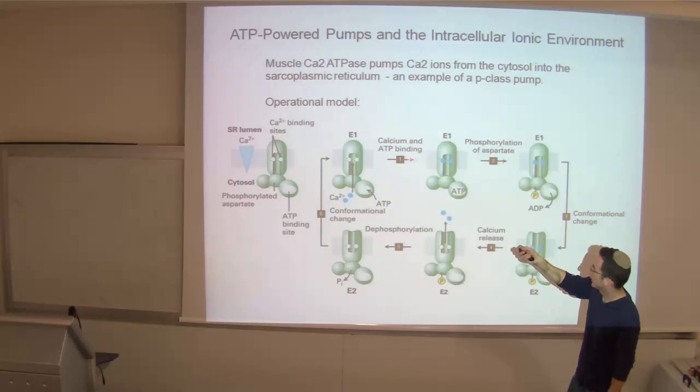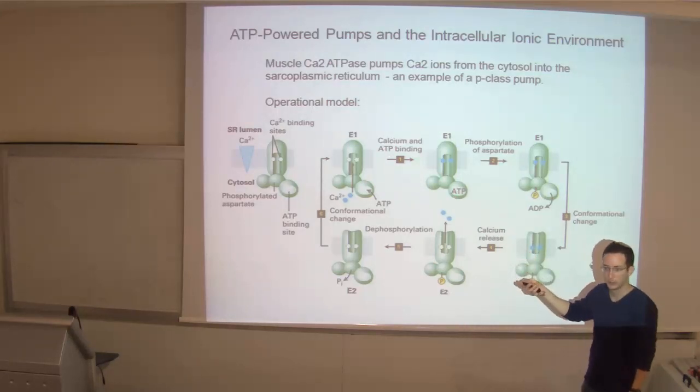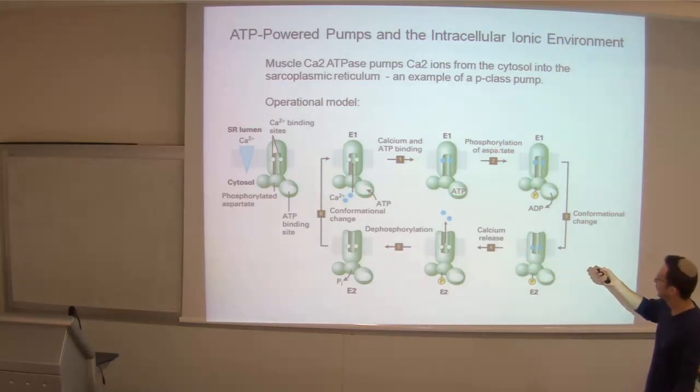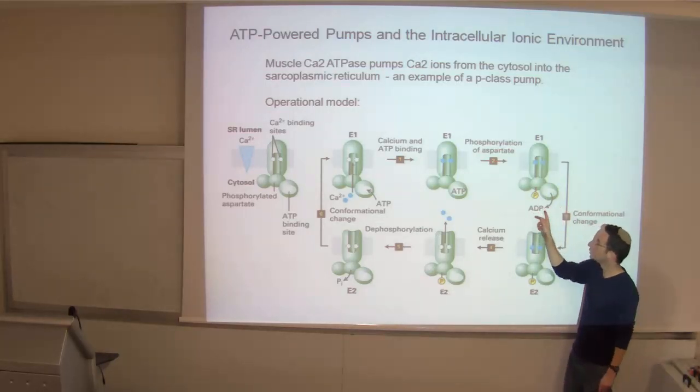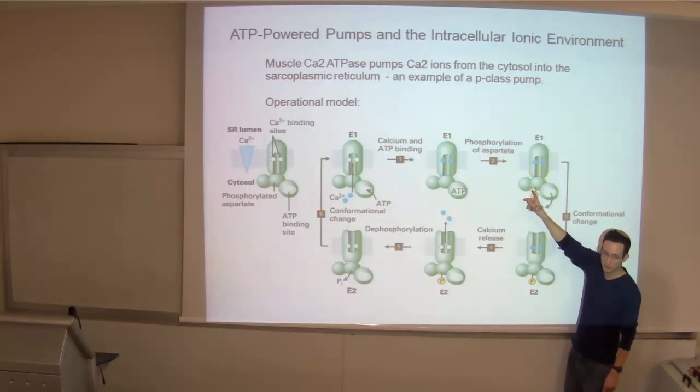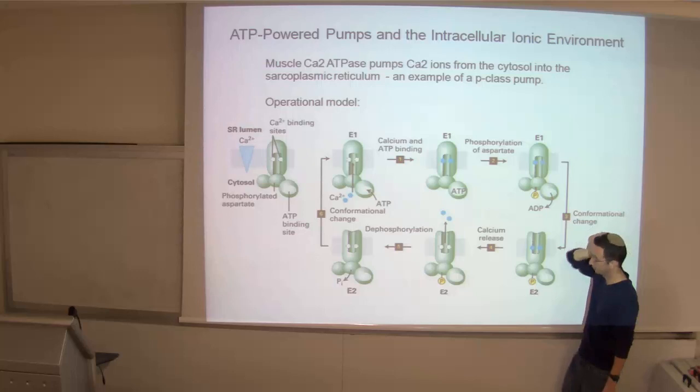Then when calcium and ATP populate their sites, phosphorylation of aspartate occurs. This happens right here. The ATP becomes ADP, and the extra phosphate sits right here on the aspartate amino acid, which is now phosphorylated.